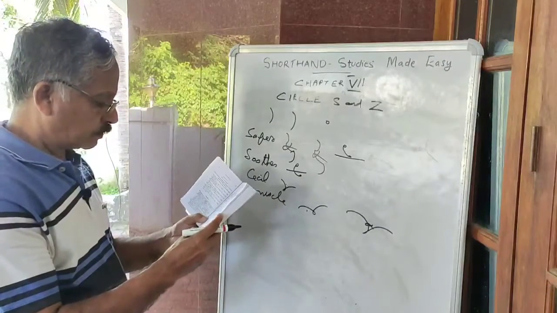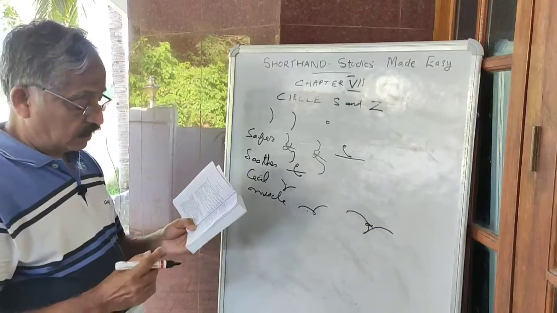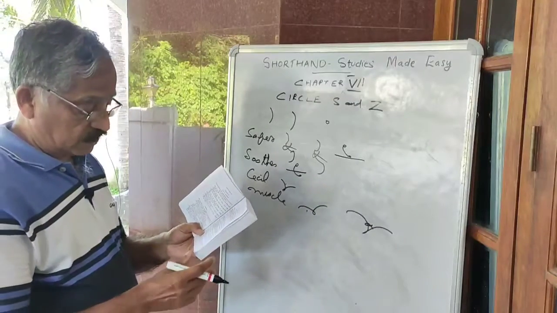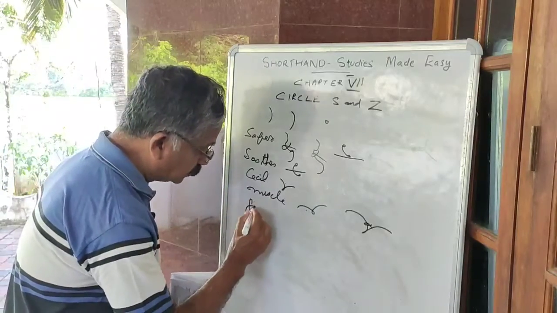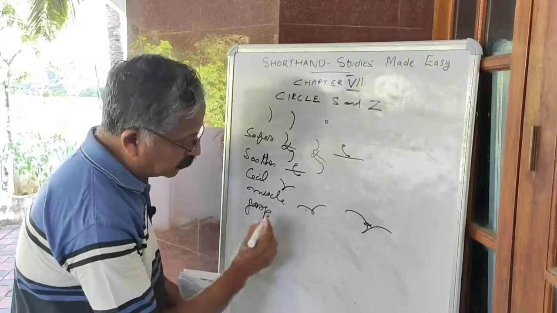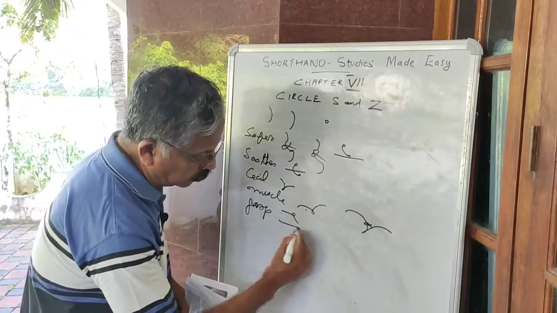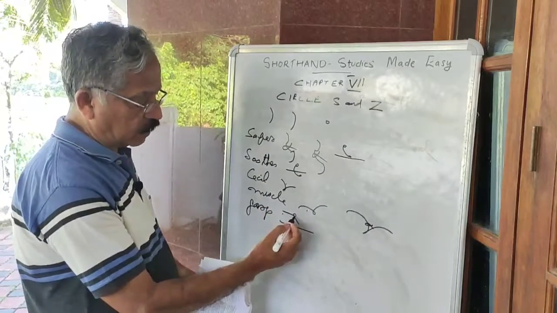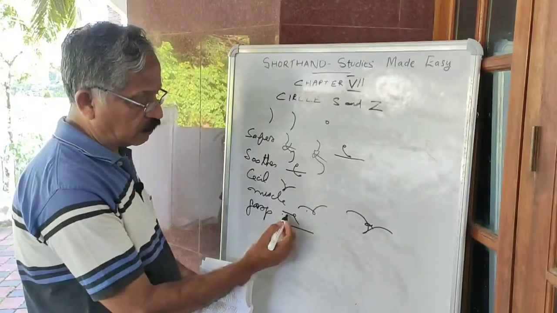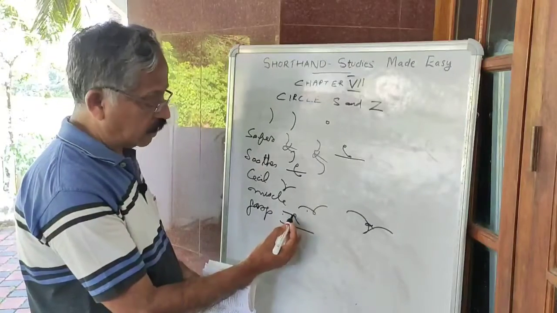Now, suppose the first word is a horizontal stalk, for example gasp, G-S-P, above the line, because this is a horizontal word. When you write a horizontal consonant first, the S comes outside the angle.